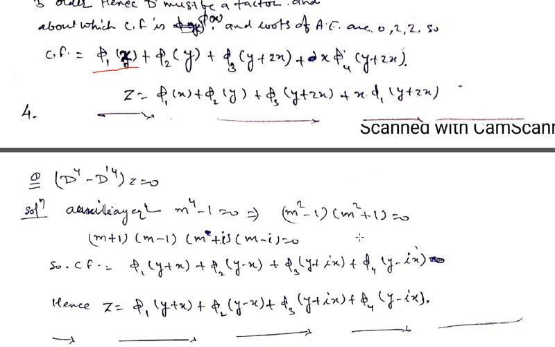Here some complex roots appear, but CF is as usual φ1(y + x) about m = 1, and about m = −1, φ2(y − x), about m = i, φ3(y + ix), and about m = −i, φ4(y − ix), and z equals CF is the complete solution.